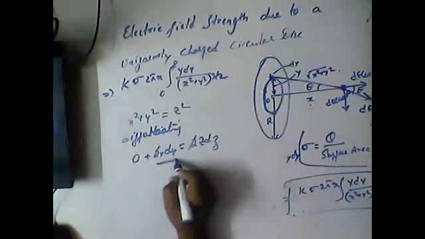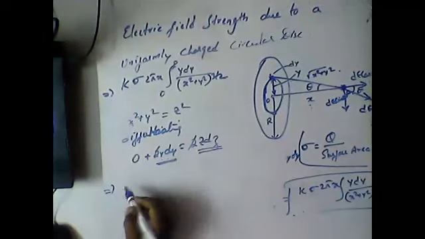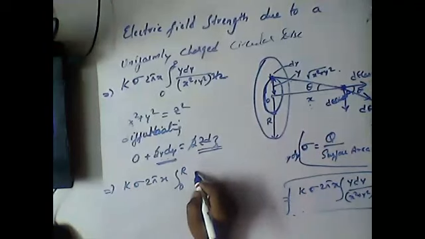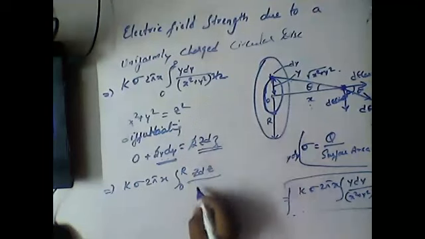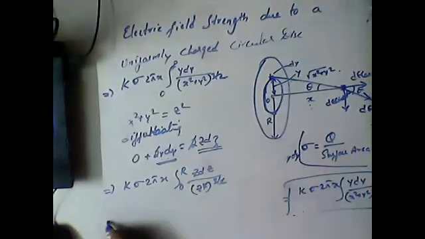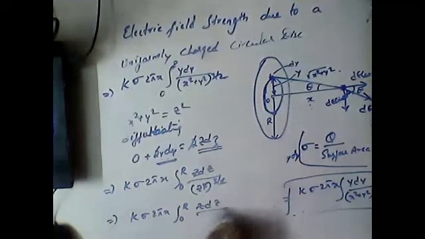So instead of y dy I can place z dz. So we can write k sigma 2 pi x, integration 0 to r, z dz by z square whole power 3 by 2. The square and the power cancel, so we are left with k into sigma 2 pi x, integration 0 to r, z dz by z cube.